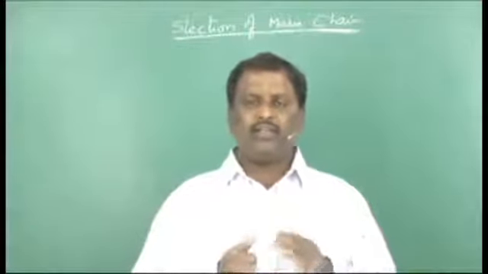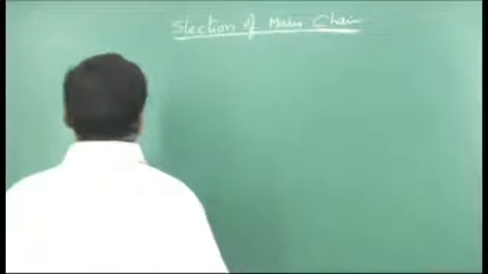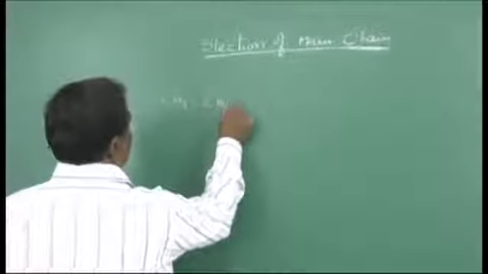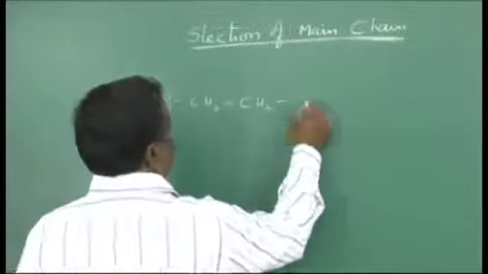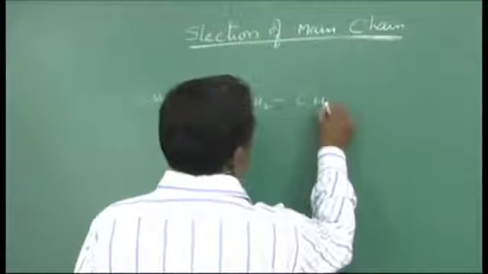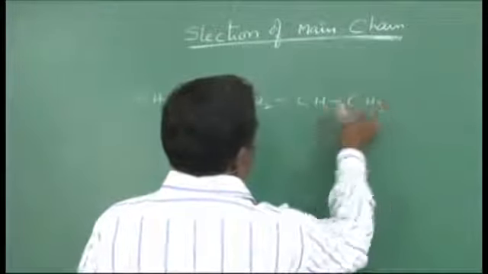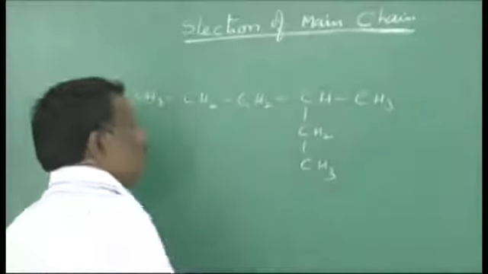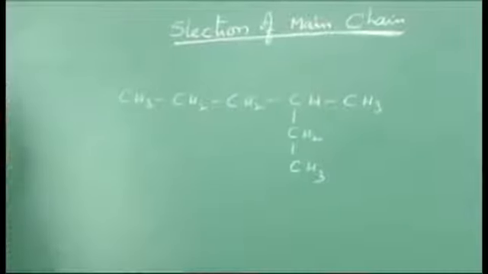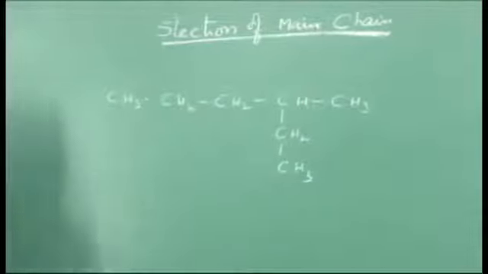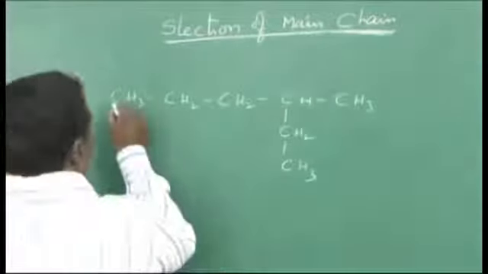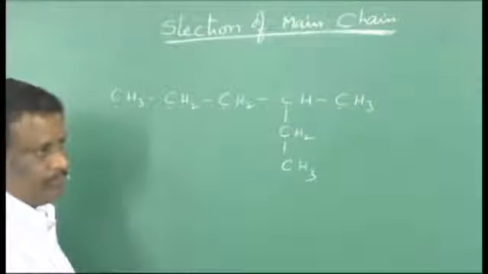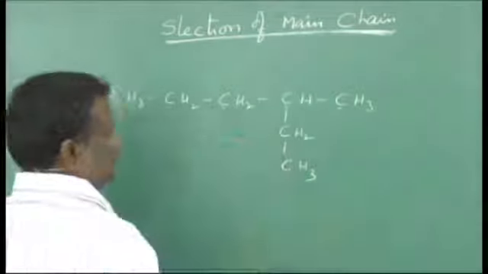Now, let us verify some examples. So, this is one organic compound. If you observe this organic compound, we have 1, 2, 3, 4, 5 carbon atoms in a straight chain, and 2 carbon atoms are attached here.